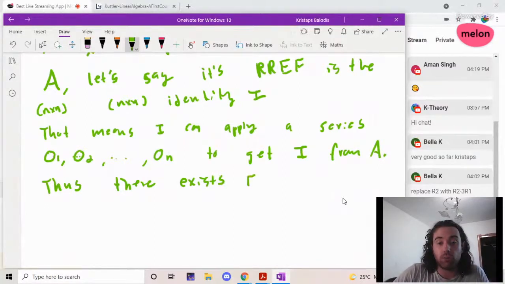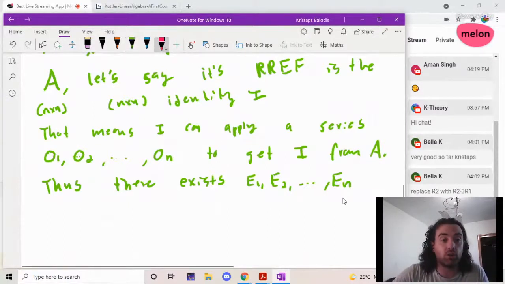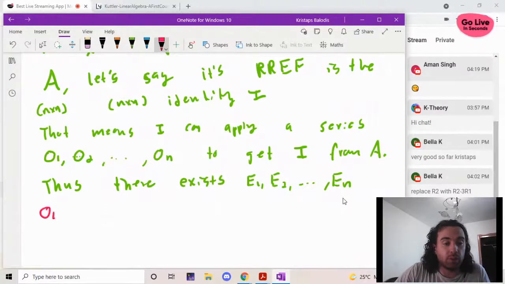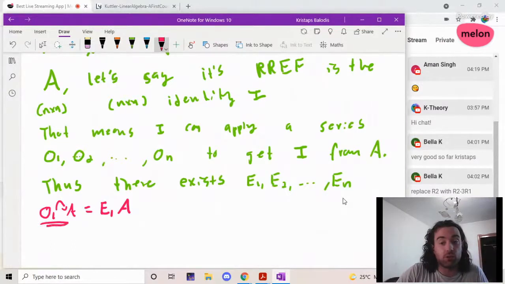So we'll just call them, say, E1, E2, ..., En, where there's one for each of the row operations that we used, right? So if, for example, we applied the row operation O1 to our matrix A, then there exists some elementary matrix E1, so that if I multiplied A by E1, I would get the result of applying this row operation.